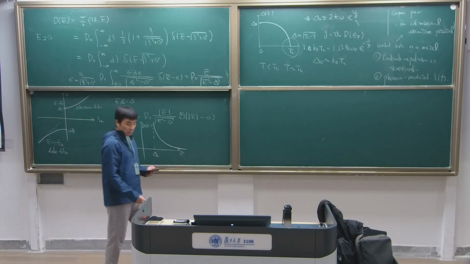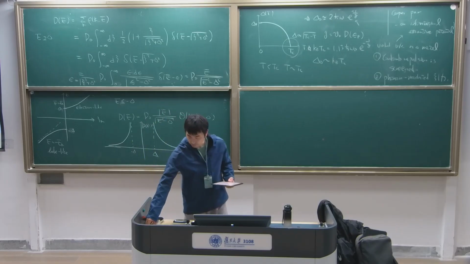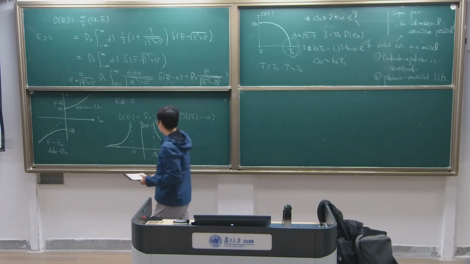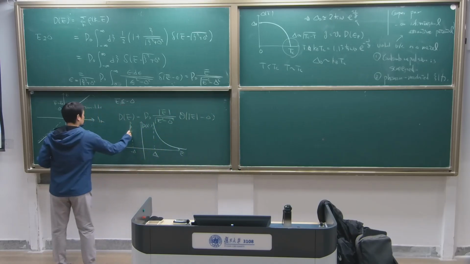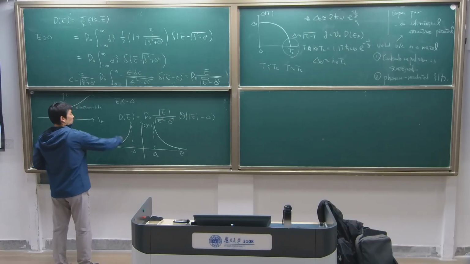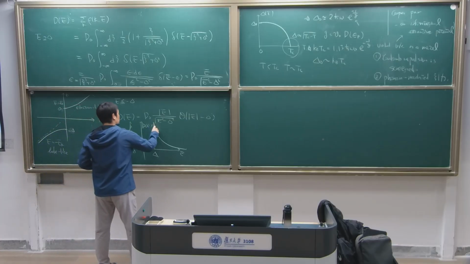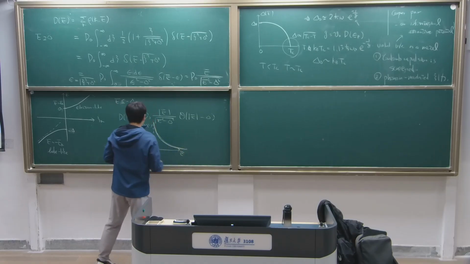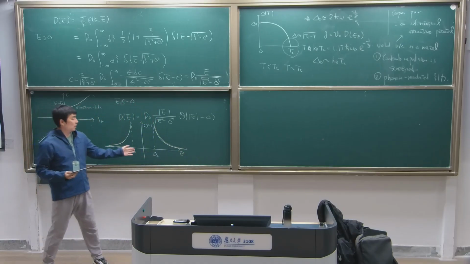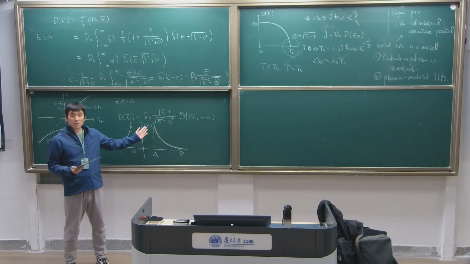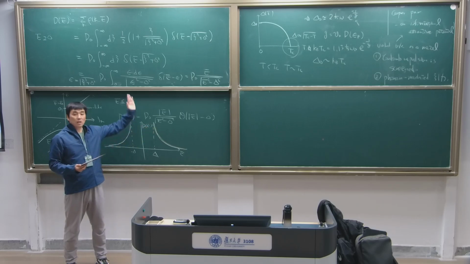So if you go to the delta, the number of states becomes higher. And if you go close to the delta, number of states goes up.